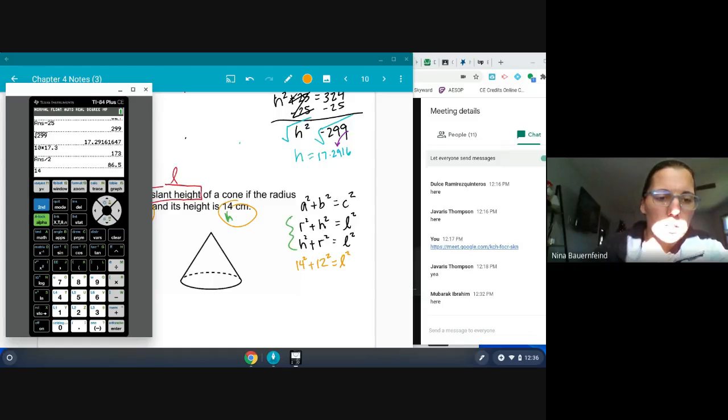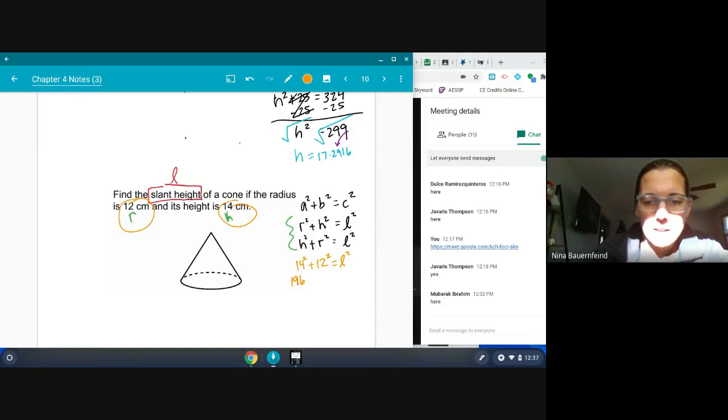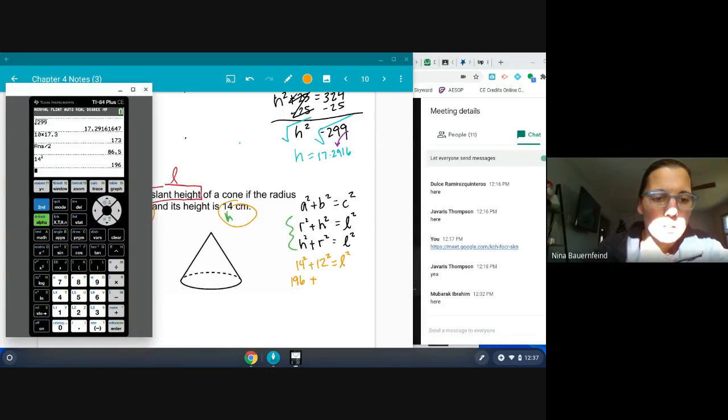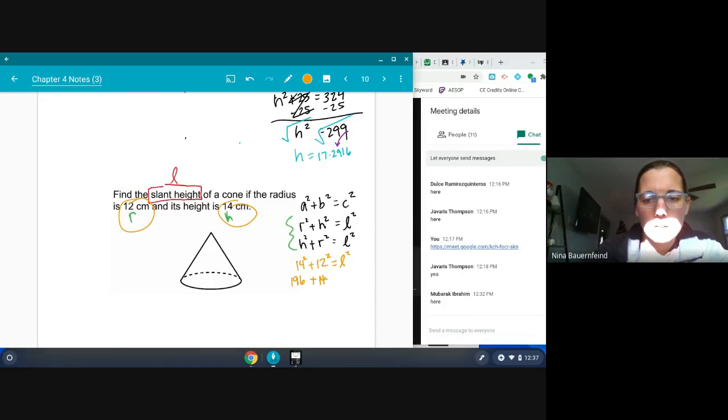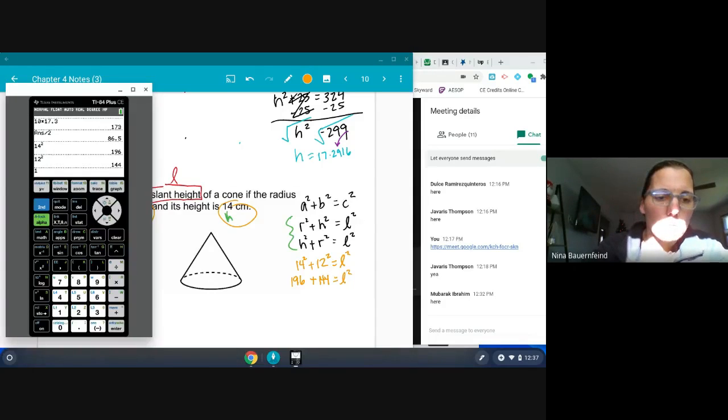So 14 squared is 196, and 12 squared is 144. That's equal to the slant height squared. So now 196 plus 144 is 340.